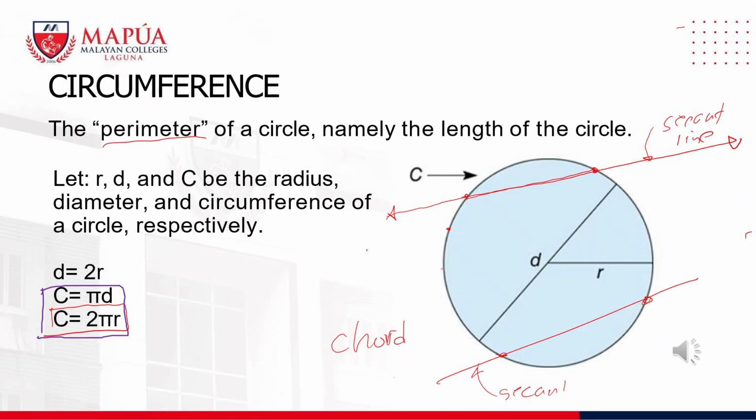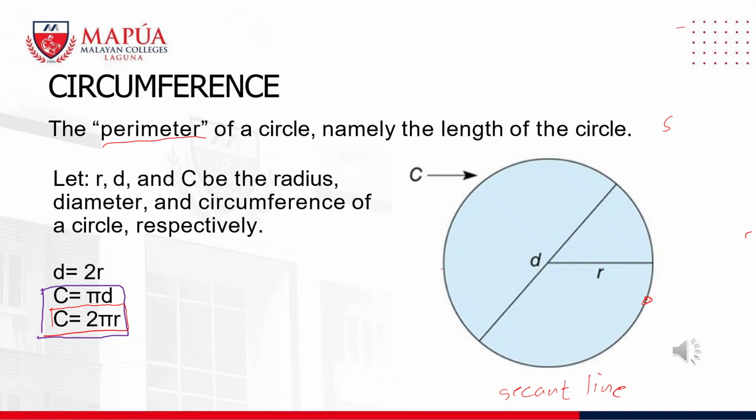So that is also secant line. Okay, so these are just some of the important things that you need to know. We have the radius, the diameter, the chord, the secant line, and tangent line. All right, so I think that's all for this part, and then we'll continue to the next page.